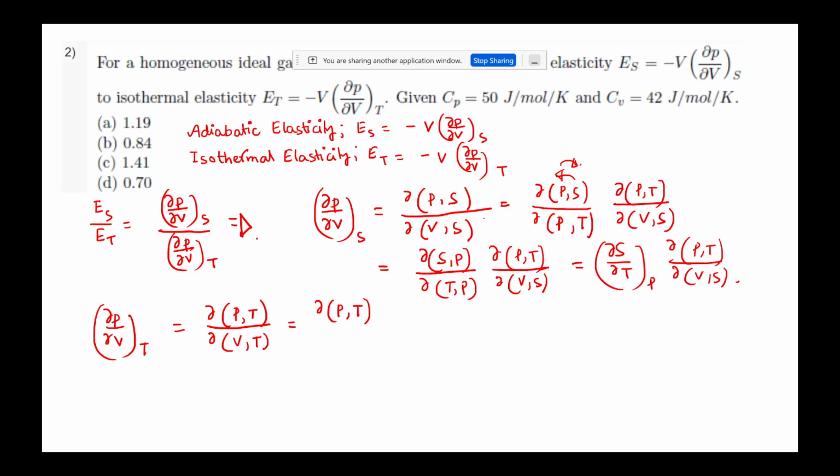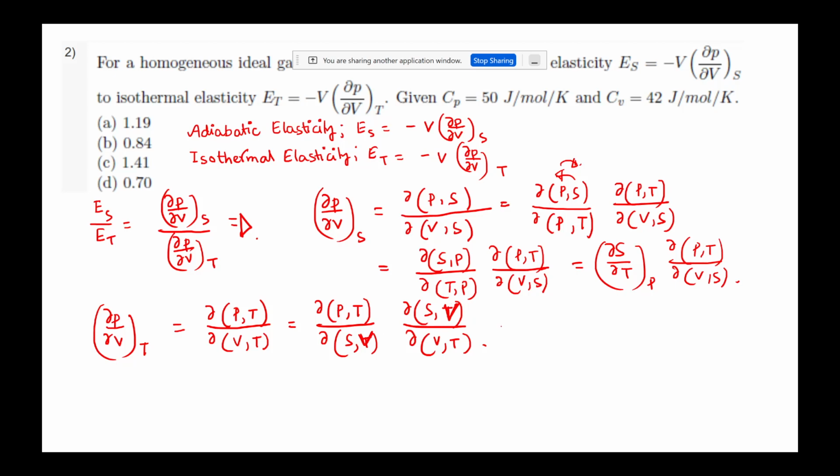Cp is there, so we need to have it with respect to S. So this will be ST, in terms of delta V T. Okay. So we can write in terms of SV.